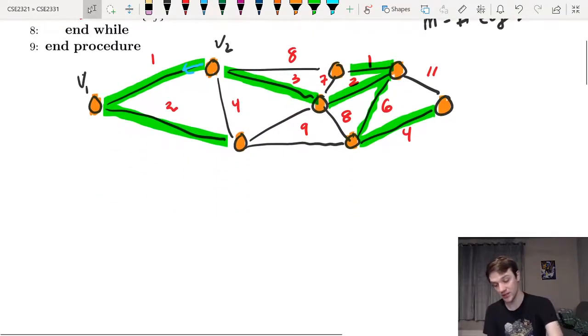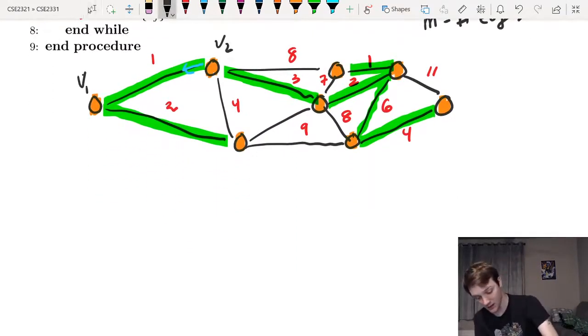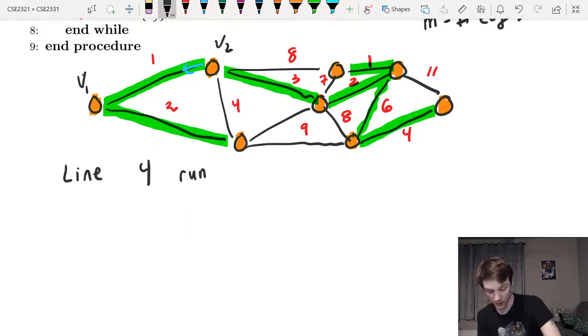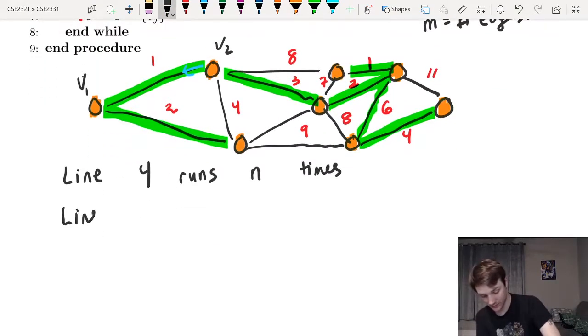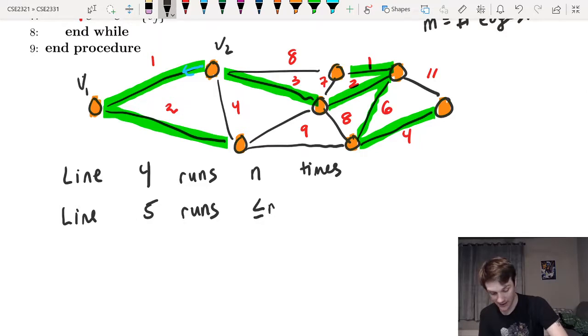So this version, line 4 runs n times, and line 5 runs less than or equal to m times per iteration.